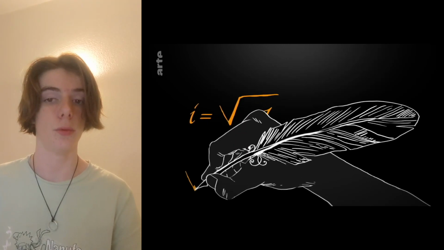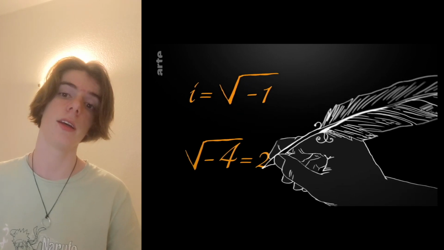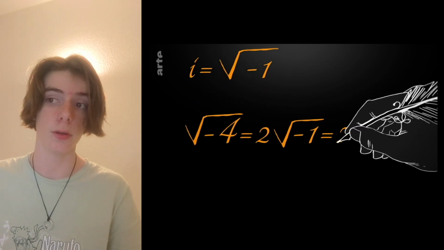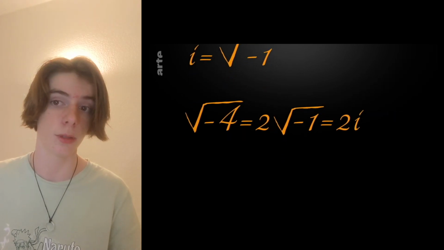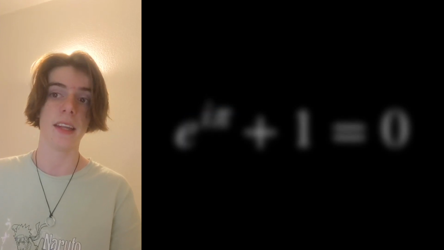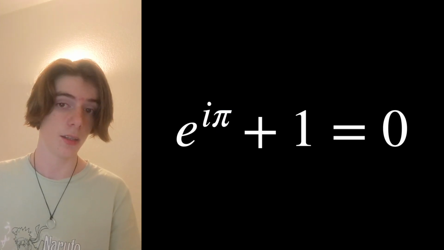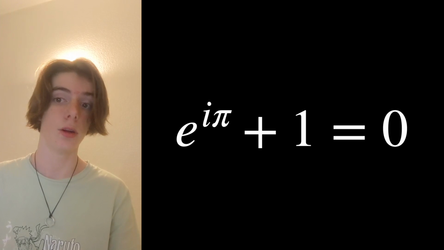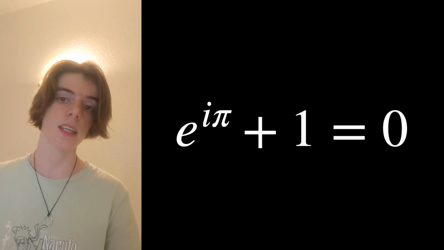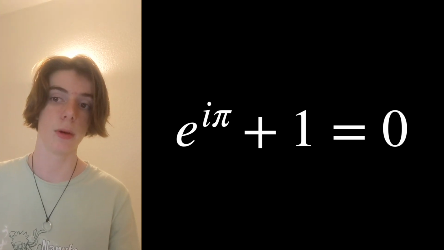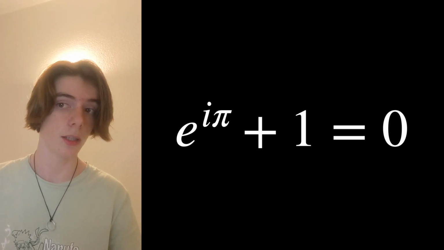Then, with the work of Caspar Wessel, the imaginary and complex numbers finally had a geometric explanation. They can be placed in a plane, the complex plane, where Euler's formula appears: e to the i pi plus 1 equals 0.